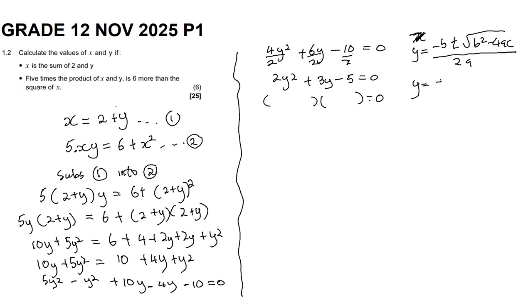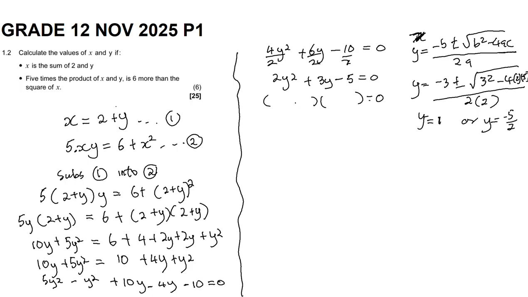So it's going to be y equals minus b, which is 3, plus or minus the root of 3 squared minus 4 times a, which is 2, and c, which is negative 5, all divided by 2a, and our a is 2. Then you just punch this in when you calculate and you tell me what you got. So when I punch this on my calculator, guys, I got y equals 1, or y equals negative 5 over 2.